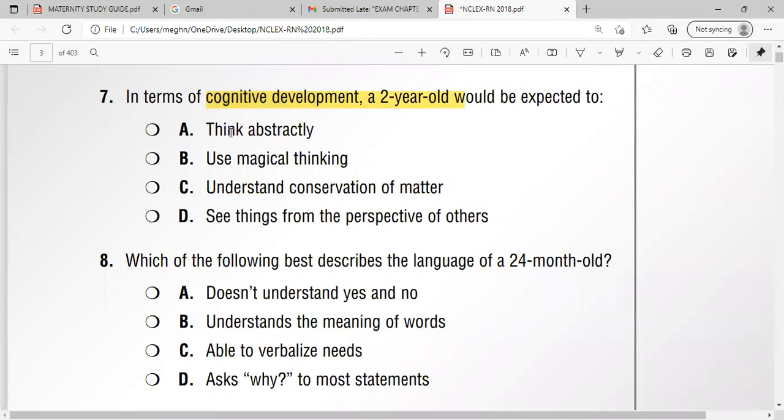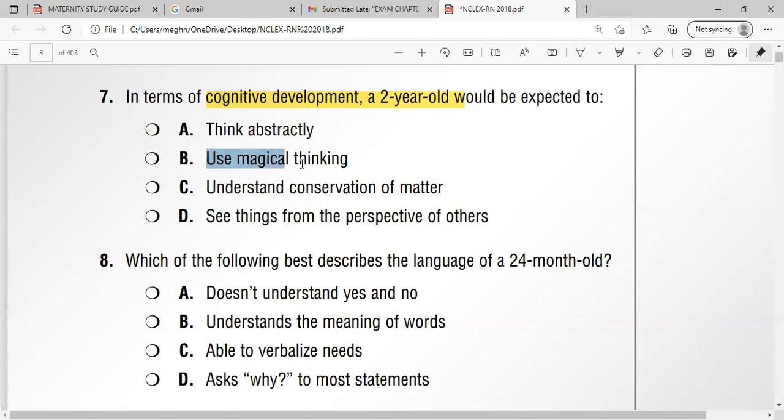Number B, use magical thinking. Number C, understand conservation of matter. And number D, see things from the perspective of others. So the correct answer is number B.